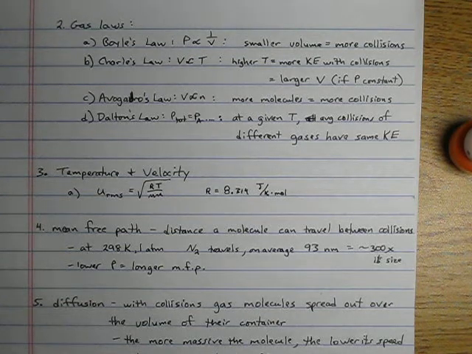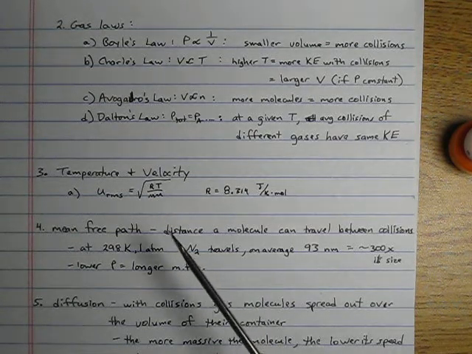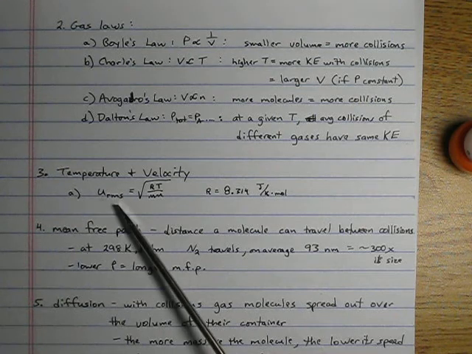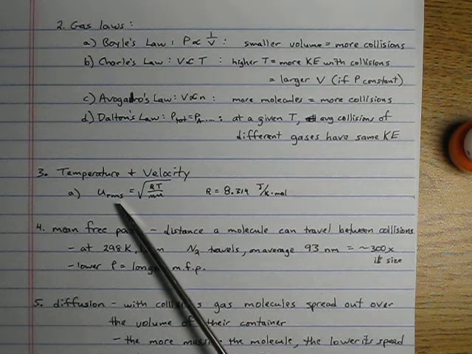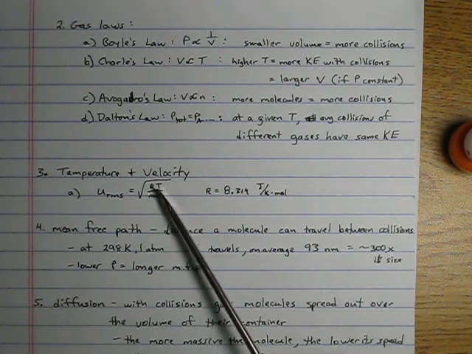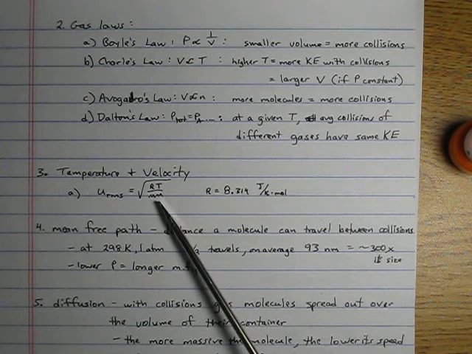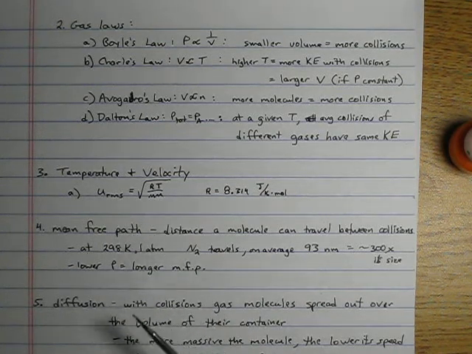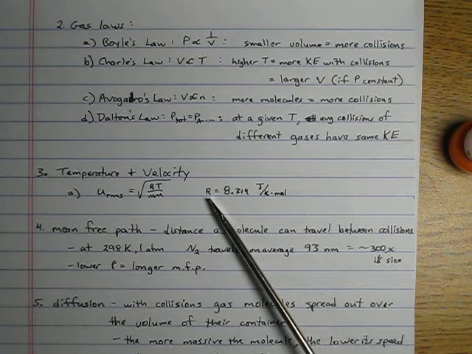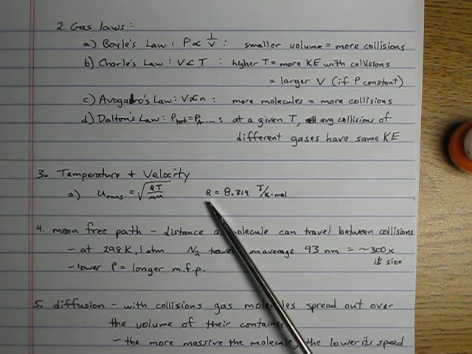All right. With temperature and velocity, we're going to eventually get to one major equation. U, the root mean square speed of a molecule, equals the square root of RT over the molar mass. And what we're going to show is that the R here is a gas constant, so this is confusing.